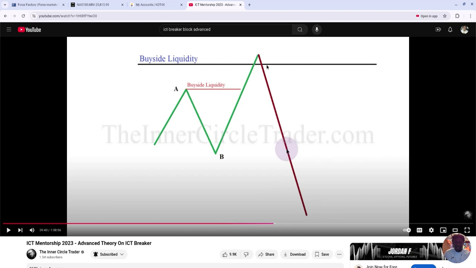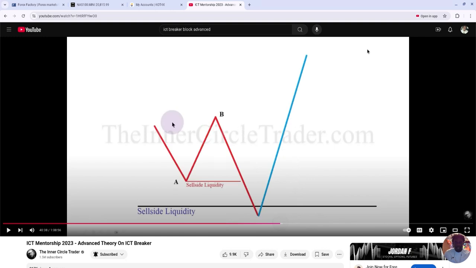Same thing with going up, and that's this diagram right here. So this is the breaker. It takes out liquidity, goes up, does what it does. A and B. Make your measurements and make money off of that. So let's do it.